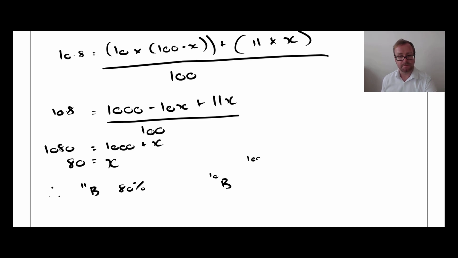So 100 minus 80 equals 20. So therefore it's 20%. Okay, so a bit of maths involved in that one. And you can check it's right by having a rough guess. We know that the relative atomic mass here is 10.8, so we would think that there will be more of the 11 isotope compared to the 10 because it's closer to 11 than it is to 10. And that works out.